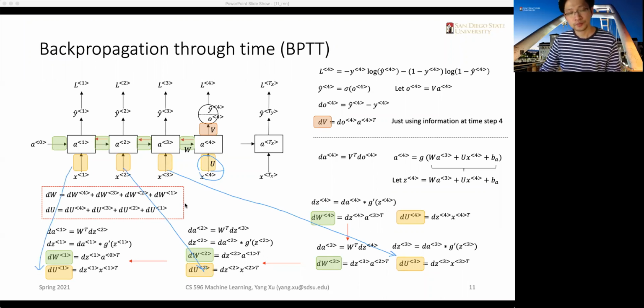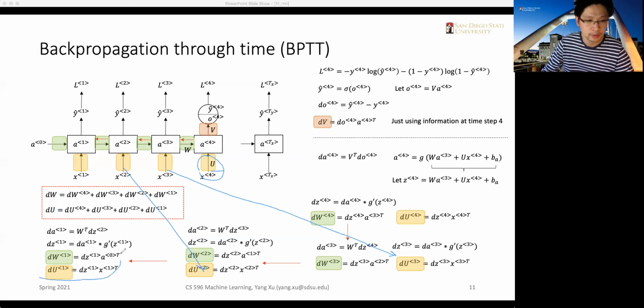Okay, so if we want to save some time, we can set a limit. Say we only go 2 time steps back. If we set that limit, then we will not compute the dU at time step 1, and also the dW at the first time step will not be computed.